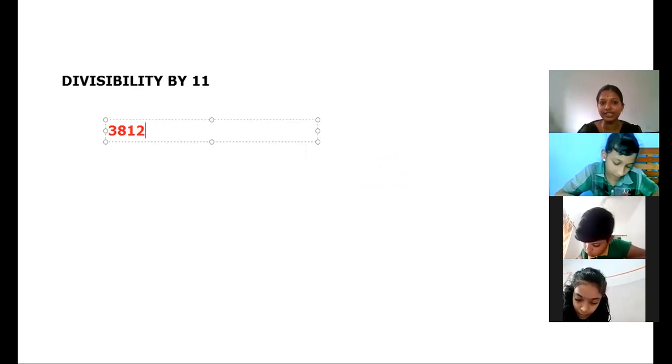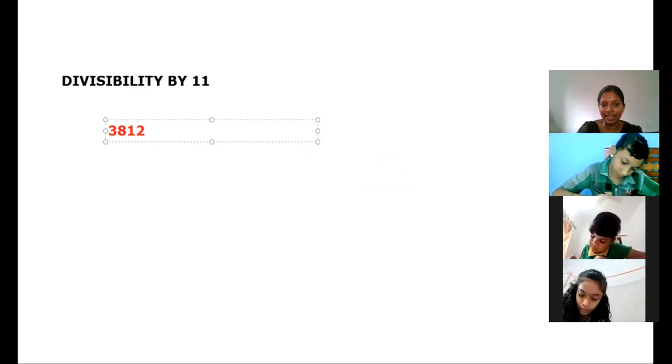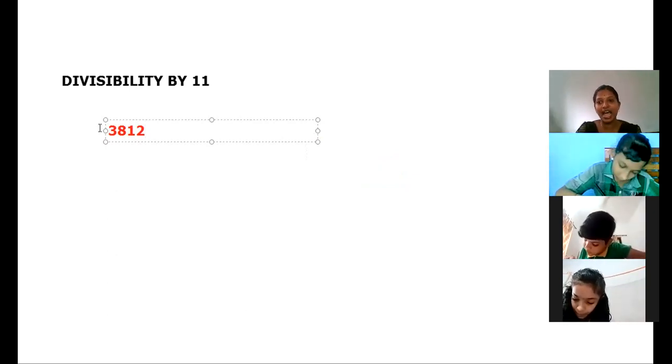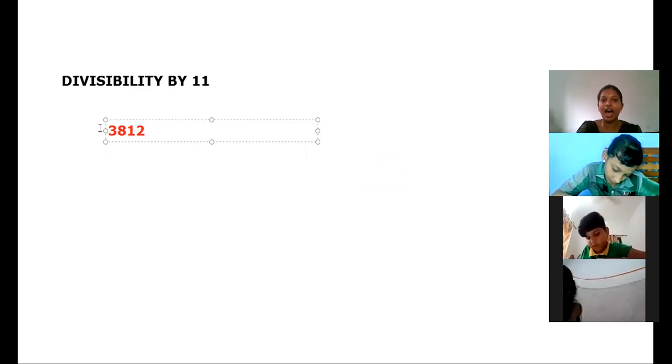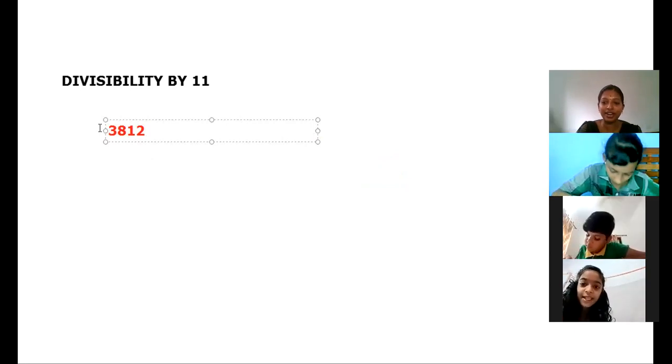You have to check whether the number is divisible by 11 or not. We know how to check divisibility by 11. First we have to find the alternate digits and then the sum of the alternate digits. After finding the sums, we have to find the difference.